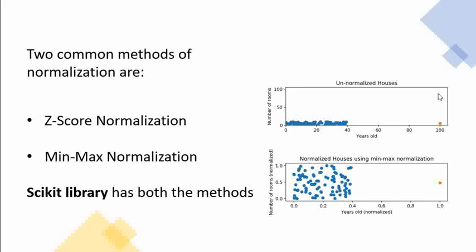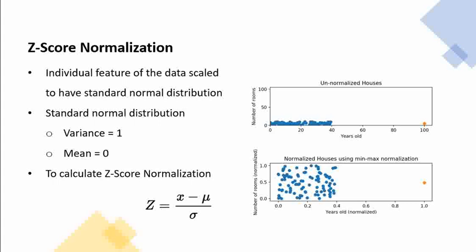Now, what is z-score normalization? So basically, as we said, the significance of normalization is to bring the data to a specific range such that the machine learning algorithm works efficiently, right? So one of the techniques in normalization is z-score normalization, where the individual features of the data are scaled to have a standard normal distribution.